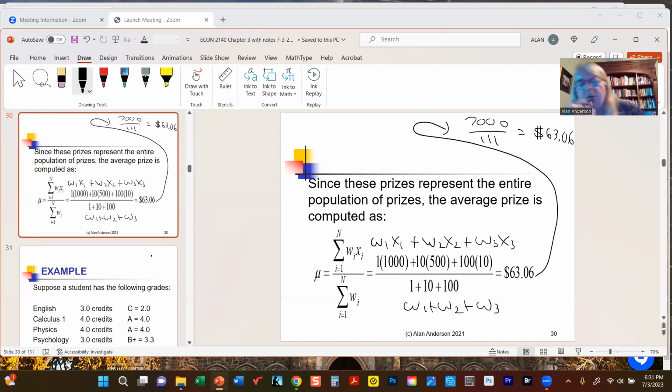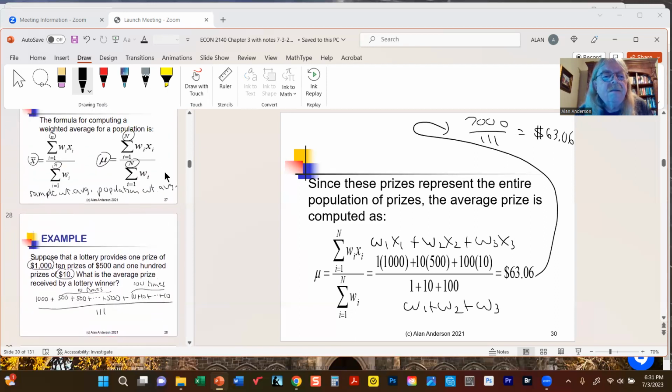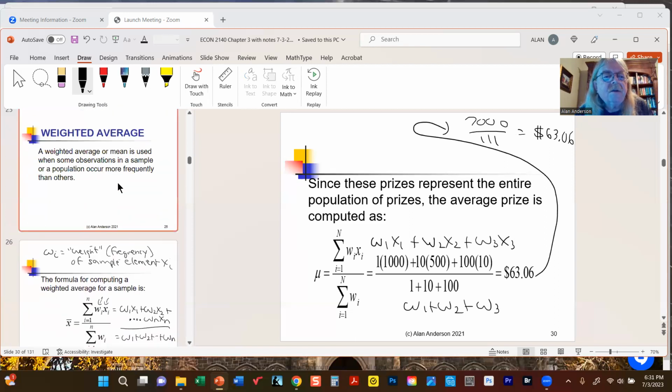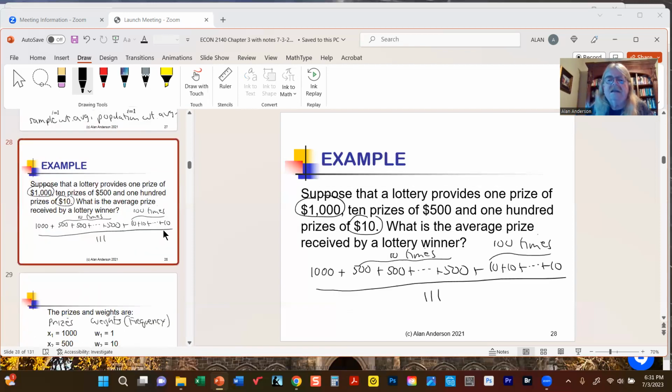Now, if you didn't know how this works and you just simply added them up, like way back in the beginning, you might have been tempted to say, well, it's 1,000 plus 500 plus 10 divided by 3. If you'd done that, you would have gotten $503.